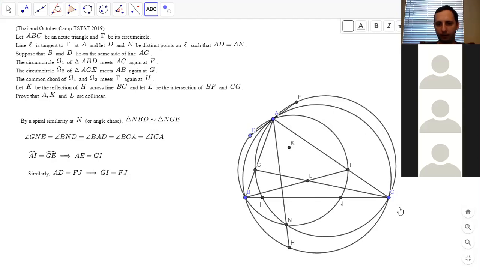Because angle GIC is 180 minus angle A, which is angle FJB.